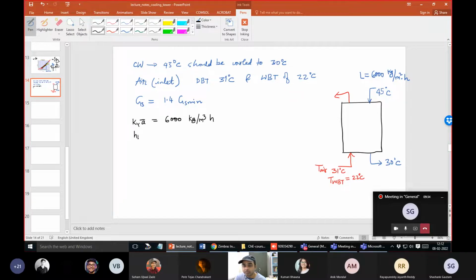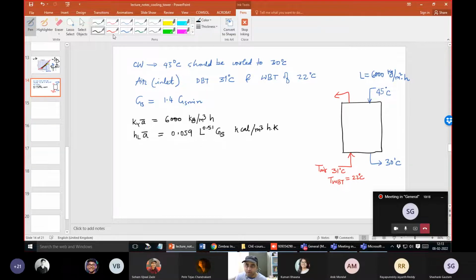And the value of HL, the heat transfer coefficient on the liquid side, is given as a function of the gas flow rate and the liquid flow rate, in kcal per meter cube hour Kelvin. Okay, so these are the informations that is provided. Of course, here GS is the flow rate of the air and L is the flow rate of the water. That goes without saying.